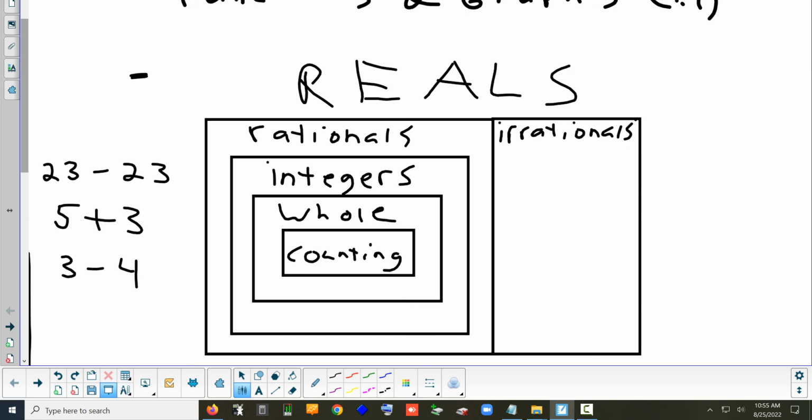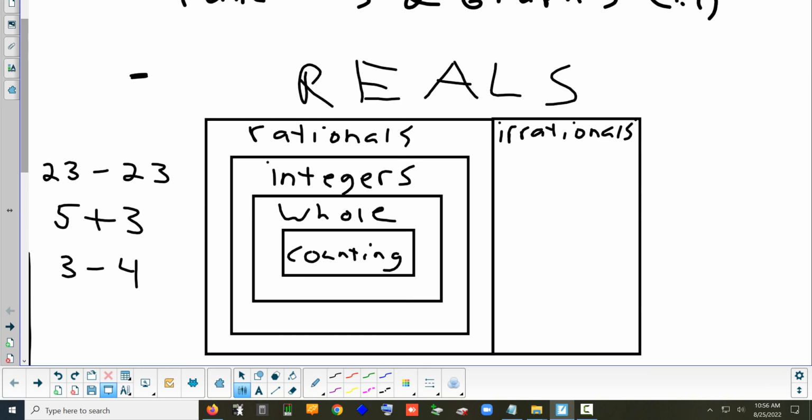Think about addition. If you picked any integer you wanted and added it to any other integer, would you always get an integer for the answer? Then what that means is integers are closed under addition. Meaning if you add two integers, you'll always get an integer.